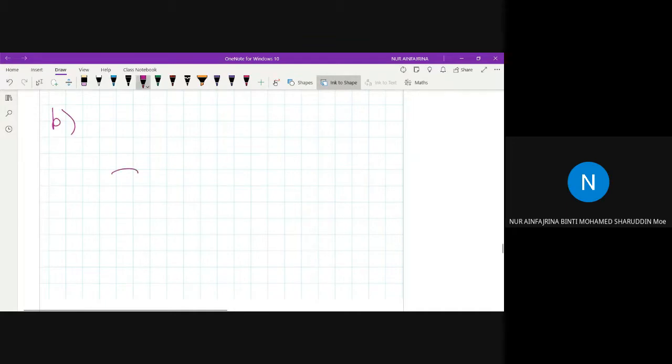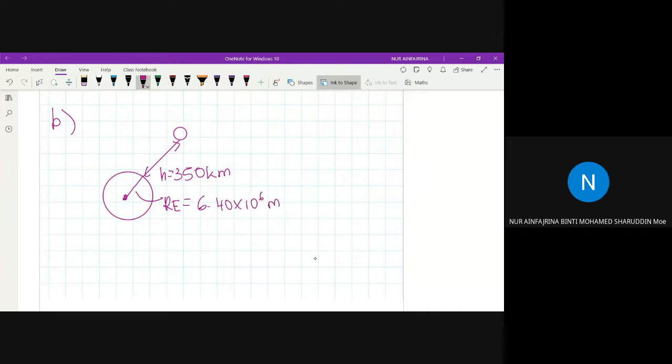So for example, this is your Earth and then awak nak cari bila dia berada 350 kilometer. So ini adalah height dia iaitu 350 kilometer from the surface of the Earth. From the surface of the Earth to the center of the Earth adalah radius of Earth which is 6.4 times 10 to power 6 meter.